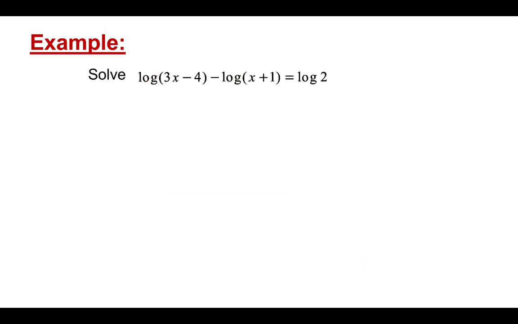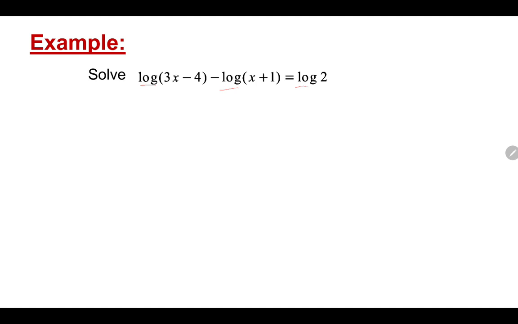Let's try another one. All right, here we're just using log. There's no base, so it's considered base 10. But I have a log here, and I have a log here. And I have a log on the other side of the equal sign. I can't combine these. I can't do that yet. I need to address the two logs on the left side. So I can write them as a single log. Again, the bases are the same.